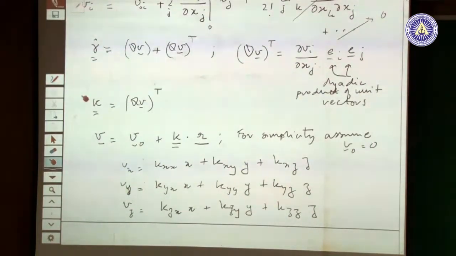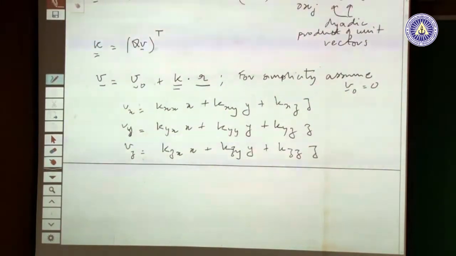So, now can you tell me what the equation of continuity is for an incompressible fluid? Del dot V is 0, right?